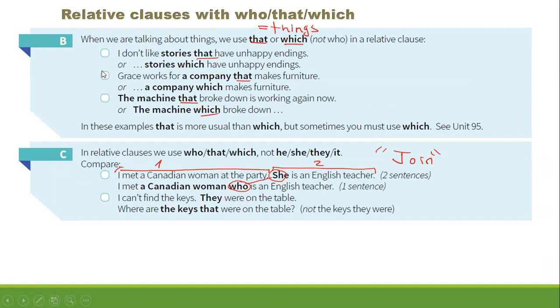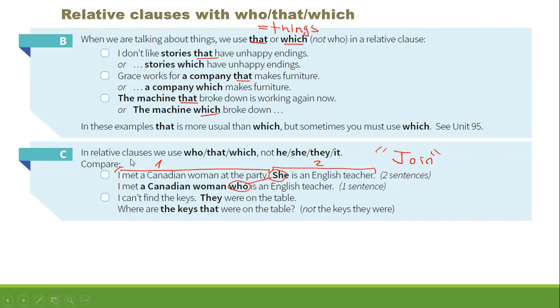Or I don't like stories which have unhappy endings. It's possible to use which as well. Grace works for a company that makes furniture, or a company which makes furniture, because we're talking about a thing. And the machine that broke down is working again now, or the machine which broke down. So in these examples, that is more usual than which, but sometimes you must use which.